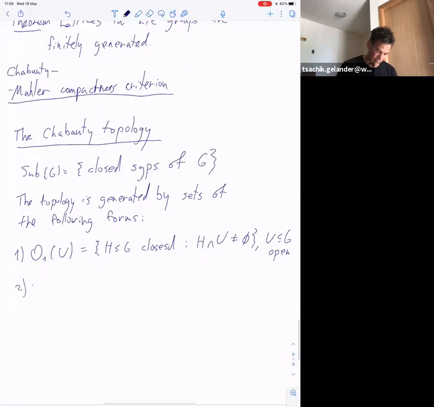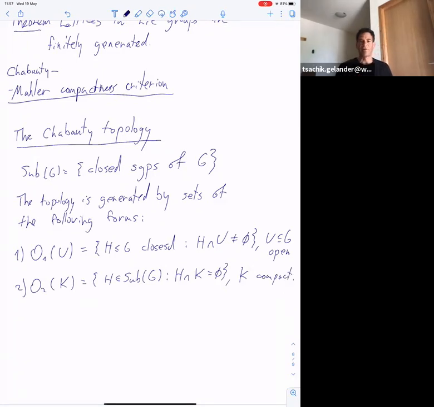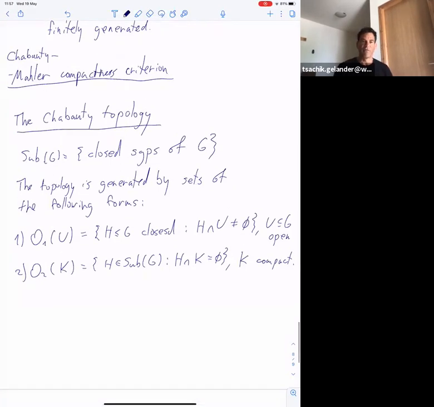And two, you have sets of the form O2(K), the set of all closed H in G such that H intersection with K is empty, where K is compact. So those are the generators of the topology.